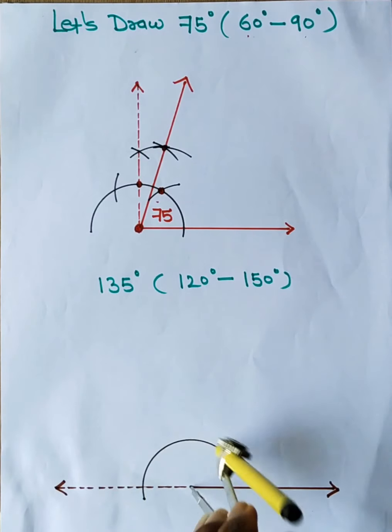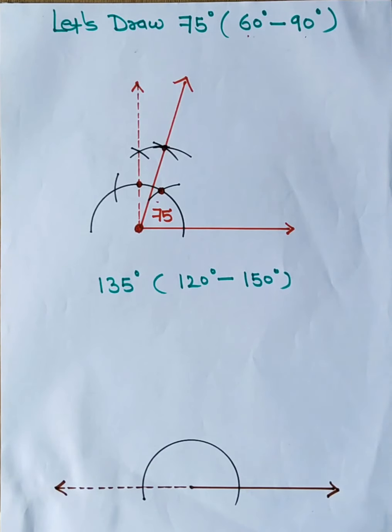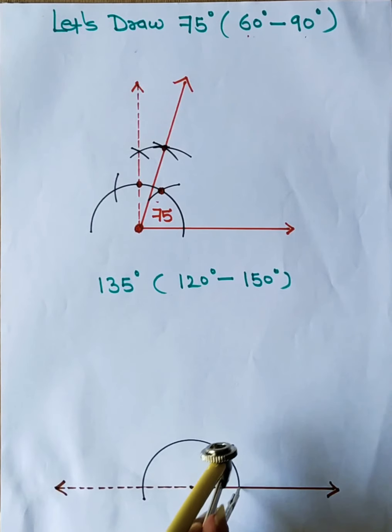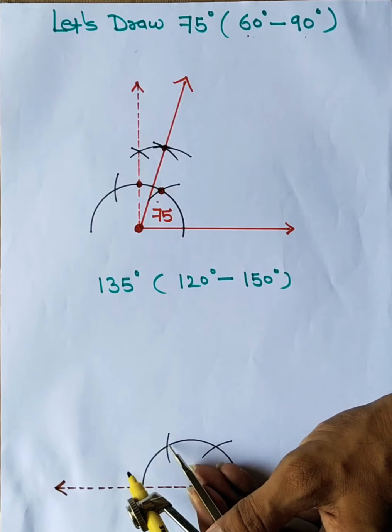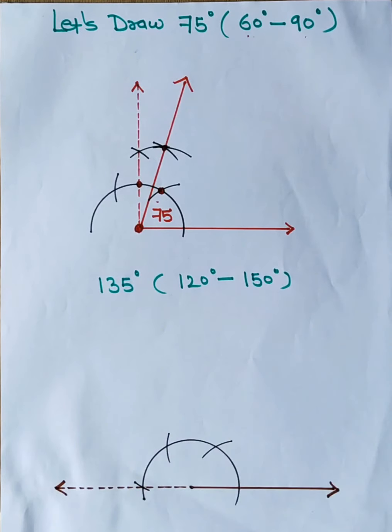Now let us go for this semicircle. We got a point over here, 60, 120 and 180. You see, if the arc comes perfectly on this line, it means your drawing is perfect.